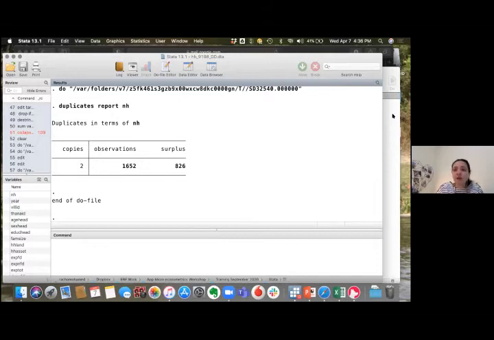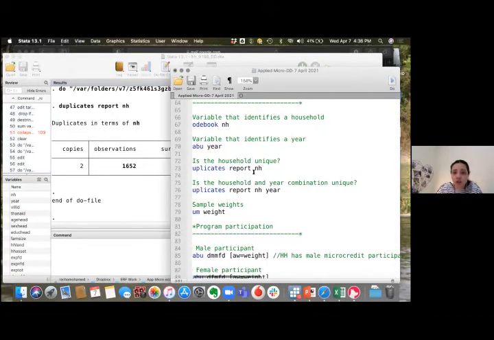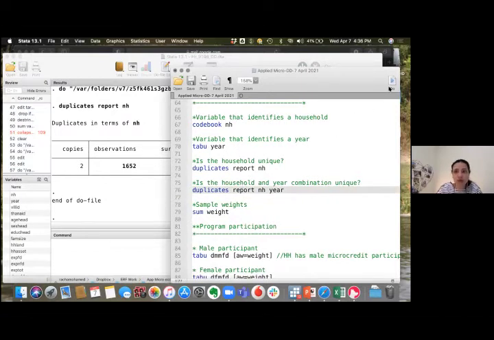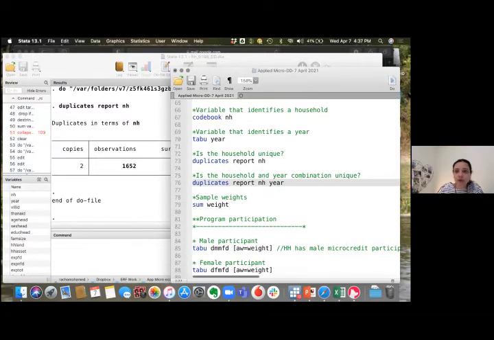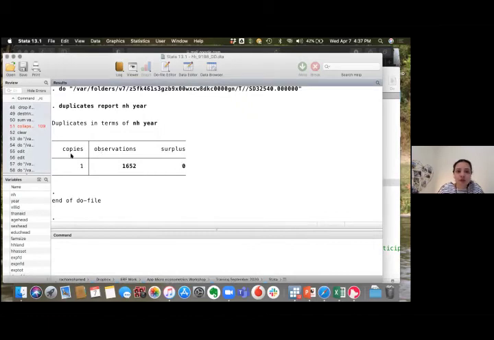If I want to check using the household identifier and year, to be sure that for each household we have 2 lines because we have 2 years, I will say duplicates report NH year, and you see that it shows there is no surplus. Each line has 1 identifier of the household and 1 year, and we don't have any duplicates.